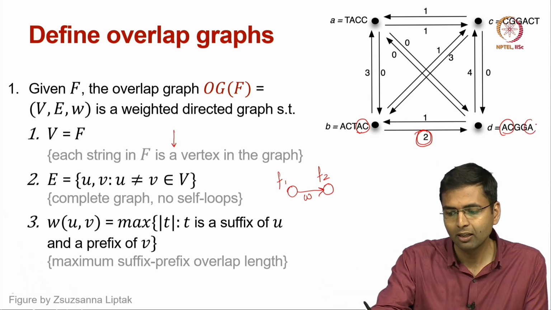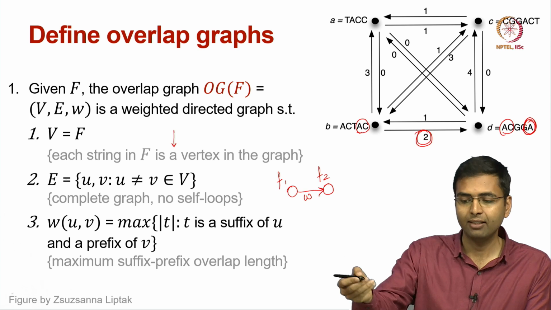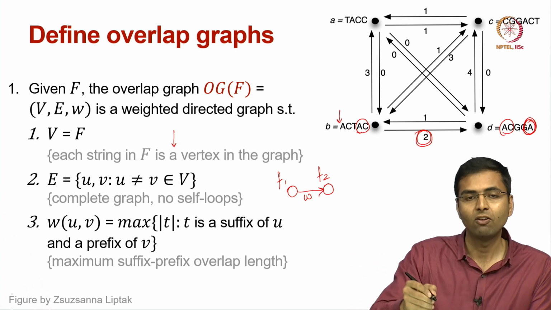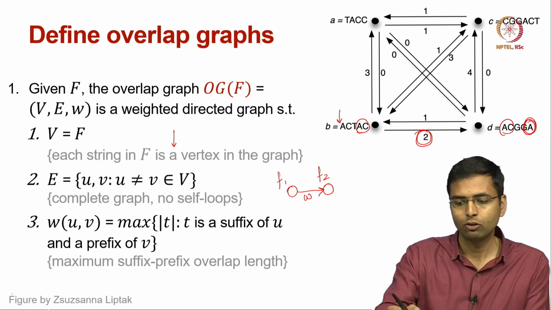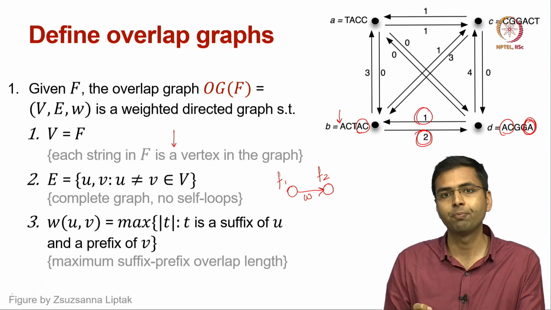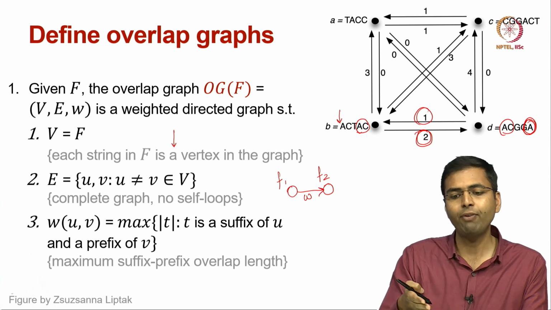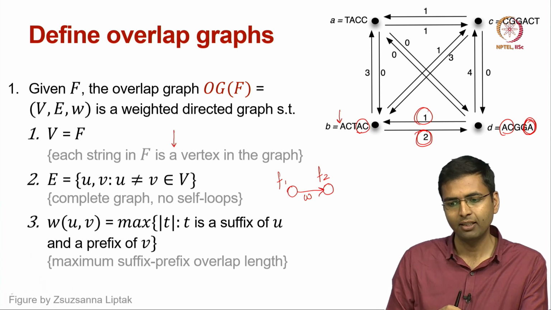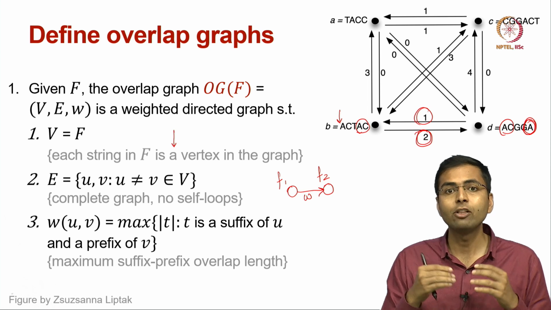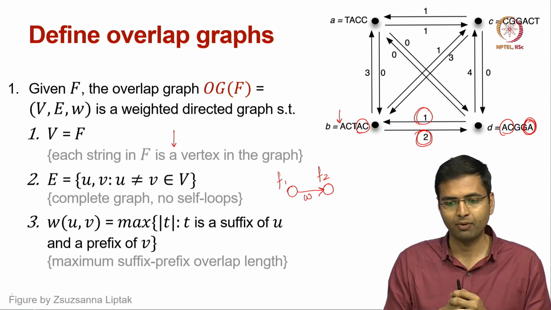Similarly, the longest suffix of d is of length 1, that matches a prefix of string b. So, accordingly the reverse edge has weight 1, and you can verify all the other weights of the edges and see that all those weights correspond to the length of maximum suffix prefix match.